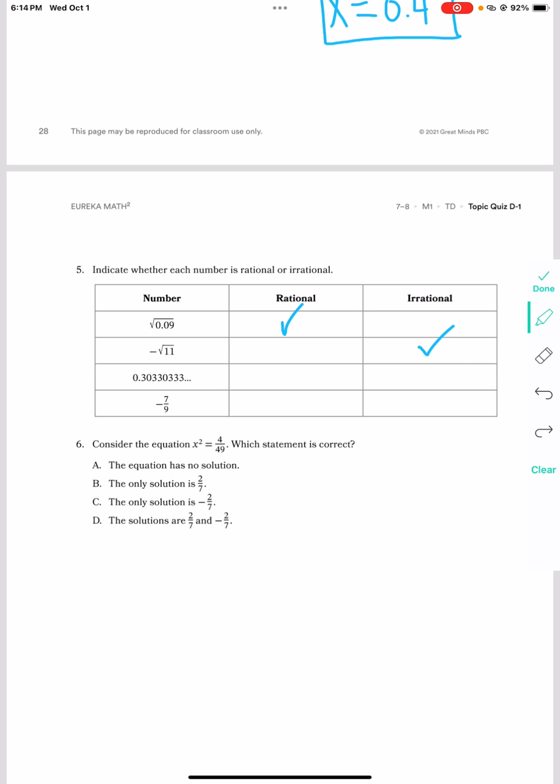Also, going along with this, I remember the quick hint that I told you, which is that any number being square rooted that is not a perfect square will automatically be irrational, because even though we can approximate what the number is as a mixed number, because it's going to have a whole and it's going to have pieces, it still would never stop.